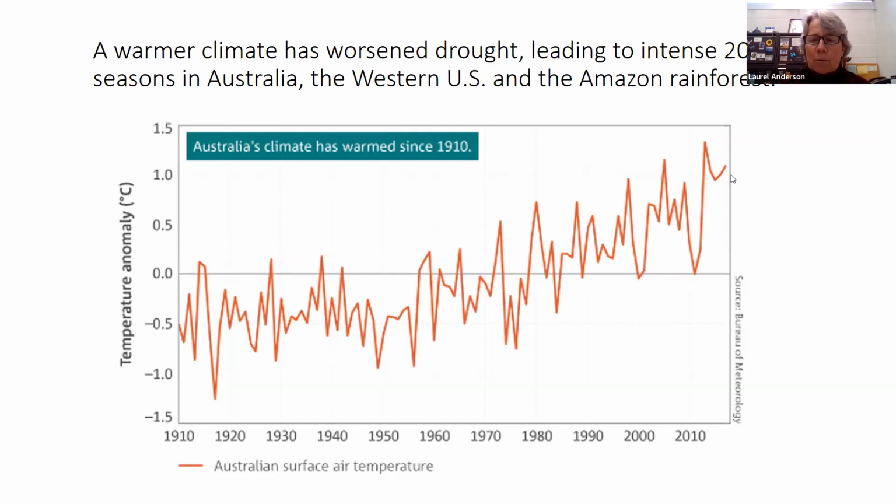So more evaporation leads to more drying of the land and of the vegetation, and that means more intense fire. So we know we've had very bad fire seasons in 2019, and that has continued in the Western US and in the Amazon region as well.